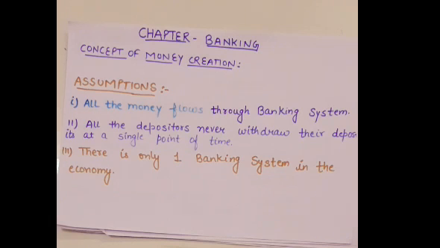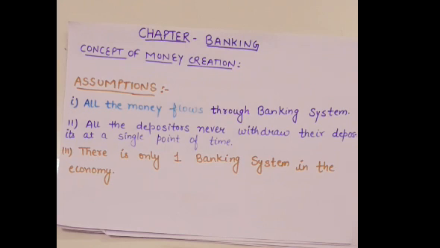In the previous chapter, we noted that commercial banks are the important source of money supply in the economy. Unlike the central bank, commercial banks do not have the authority of issuing currency. Authority of issuing currency lies with the central bank.